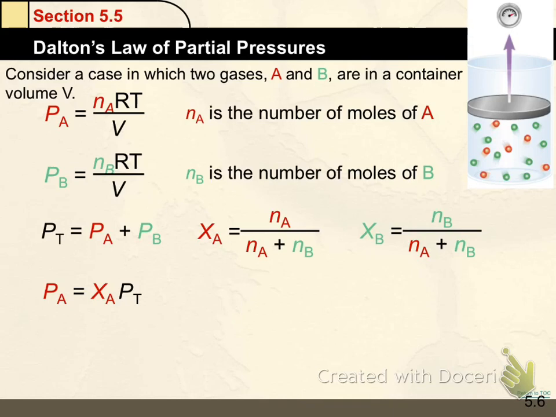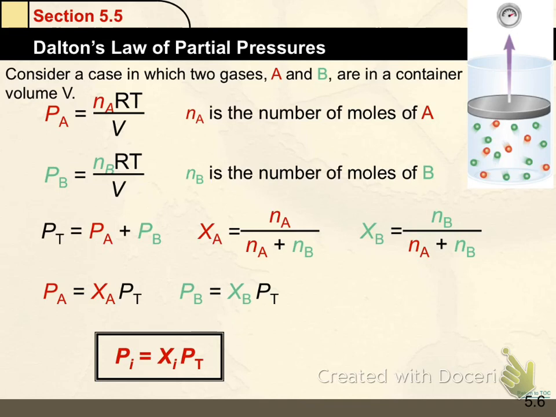And we can say that for both gas A and gas B. And we will simplify that for all cases. We're going to take the A and the B out of the equation and just say for any gas, that's what I is standing for, the pressure of that gas equals the mole ratio of that gas times the total pressure in the container.